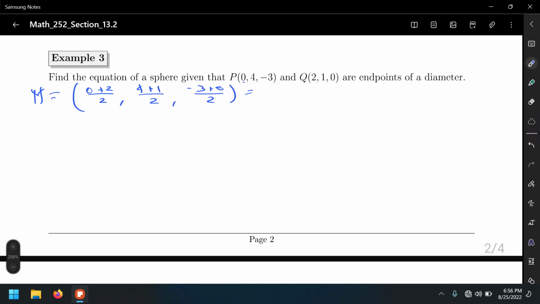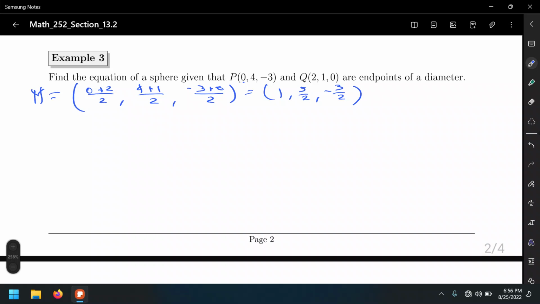That simplifies to 1, comma, 5 halves, comma, -3 halves. So that's the center of the sphere. The other piece of information we need is the radius. We need to find the diameter first, and then simply divide by 2, because that's what the radius is.